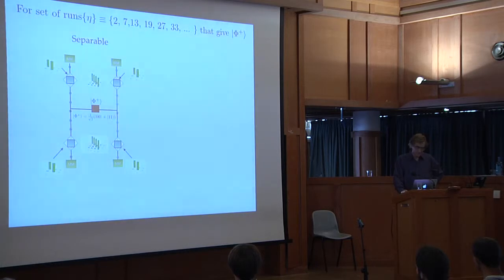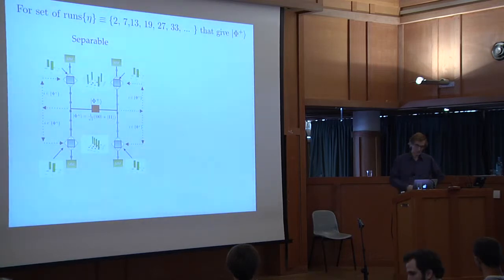For the set of runs that give phi plus, we have the state phi plus in the future, of course, but we also have the state phi plus in the past. The problem is that if we buy the separability of the input states in this diagram, we can't get phi plus for the earlier state.